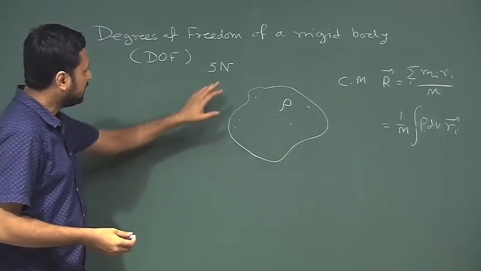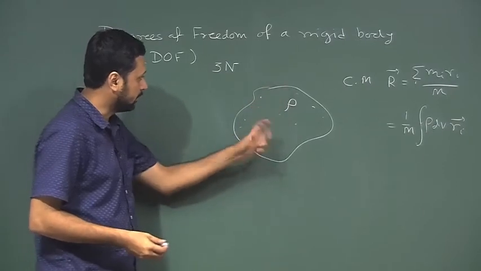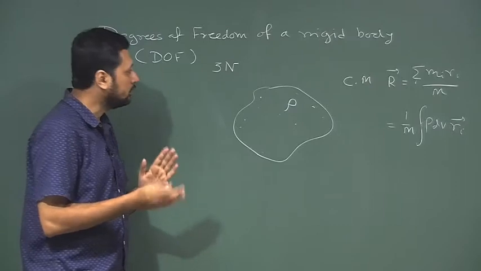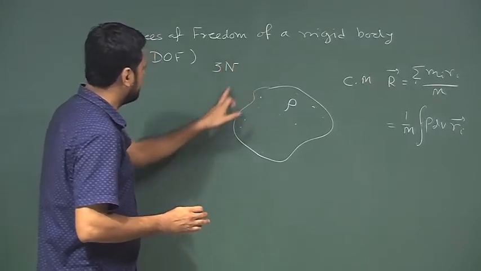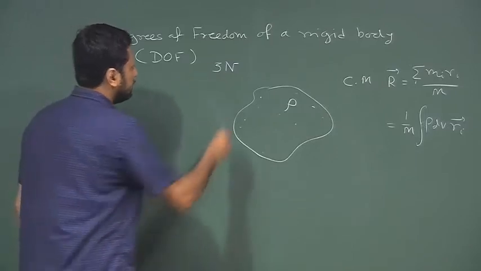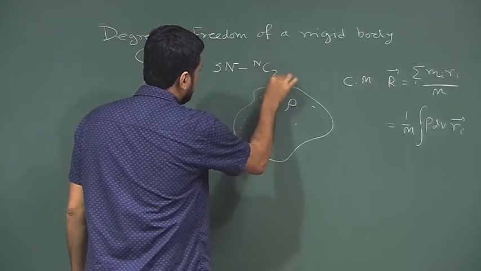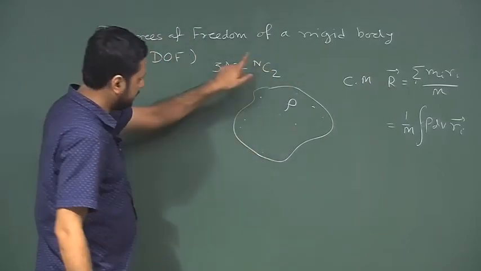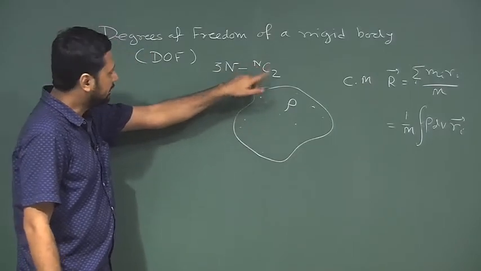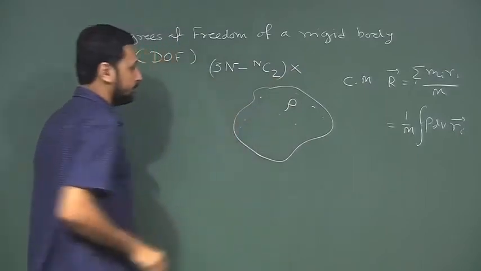We also cannot use the constraints, which are mutual distances between any 2 points in this rigid body, a fixed number, to reduce the degrees of freedom. So this construction of 3n minus nC2, nC2 being the number of such constraint conditions in a rigid body with n particles, does not give the number of DOF. So, this is not right.